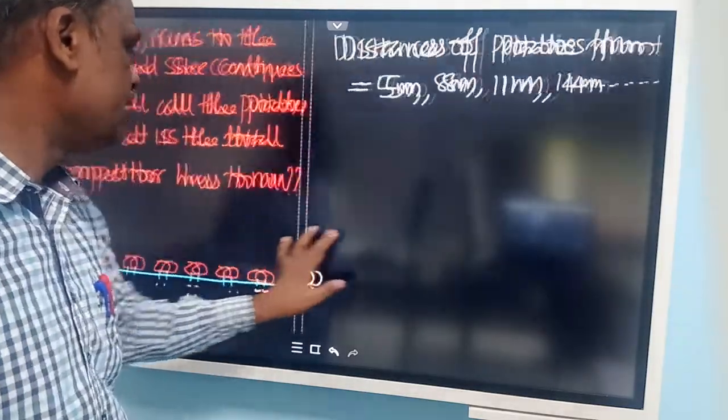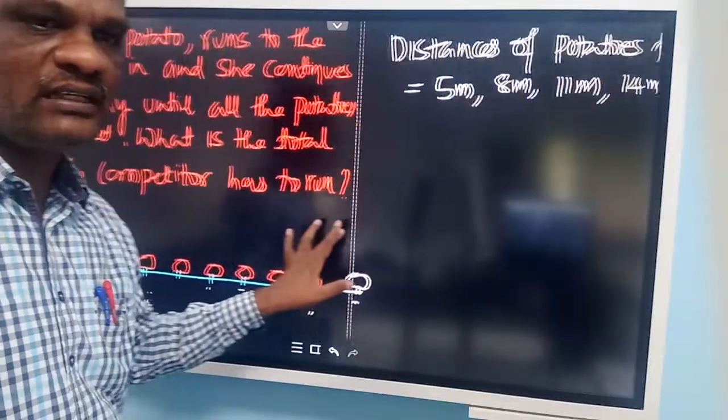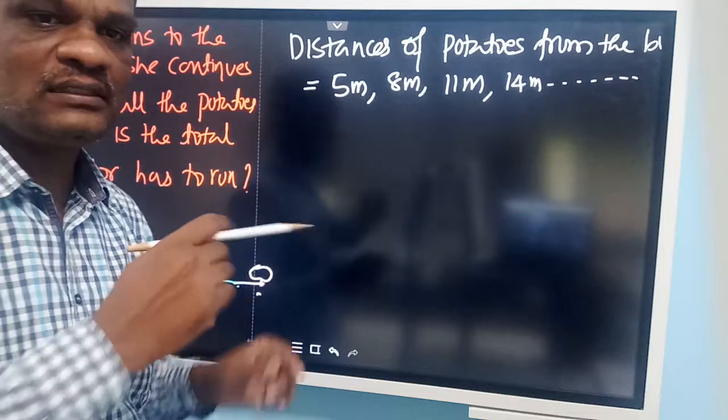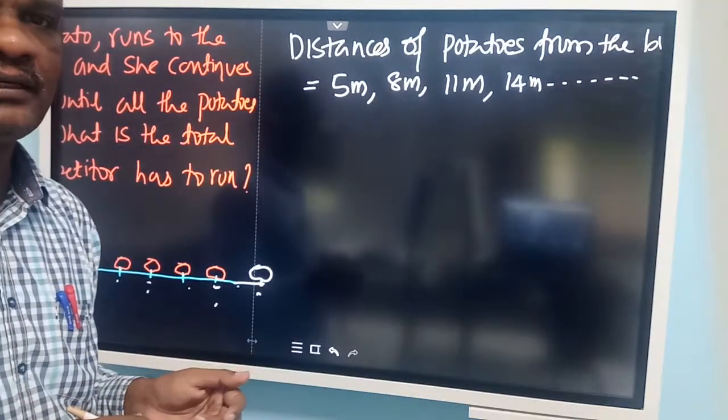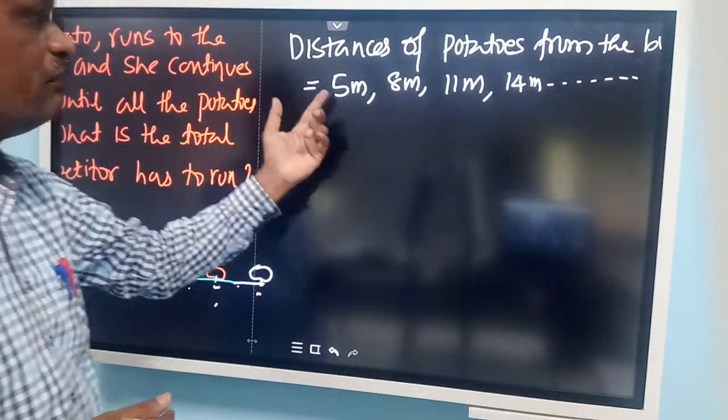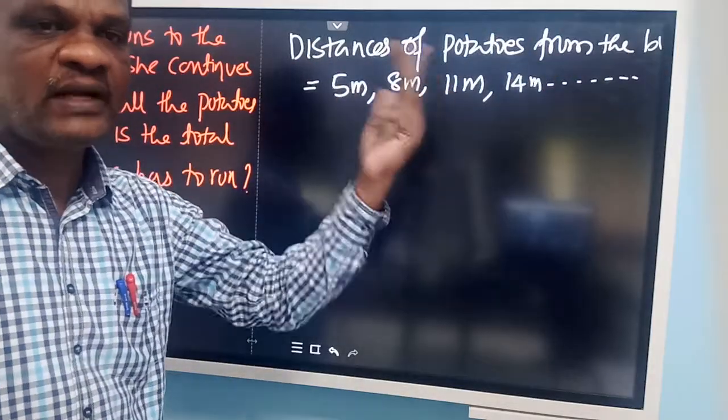Now we have to find out how much distance she will cover. To pick up the first potato, she has to run twice: from the bucket to the potato, then from the potato to the bucket. So every time she is going twice the distance.